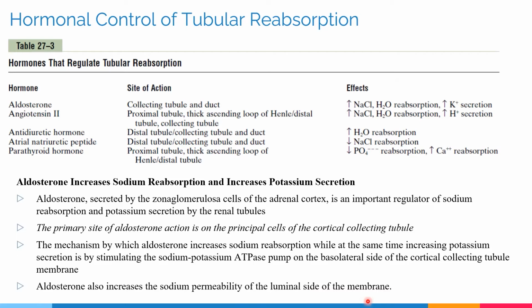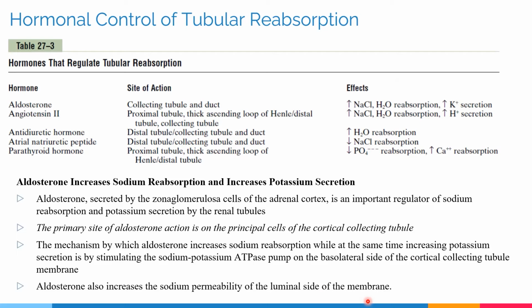So as we have seen, the whole reabsorption of sodium acts via two phases. The first is the sodium potassium ATPase pumps that are present on the basolateral side, which allow the transport of sodium out of the epithelial cells into the interstitium, and the second is the diffusion of sodium from the tubule lumen into the epithelial cells via the luminal membrane.